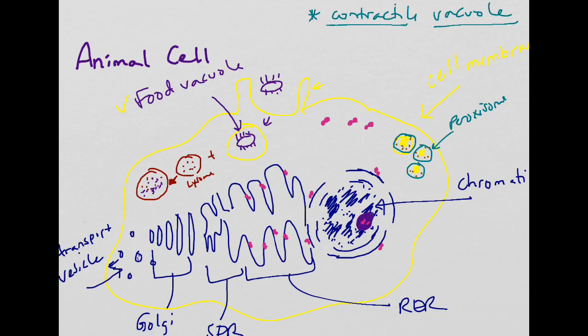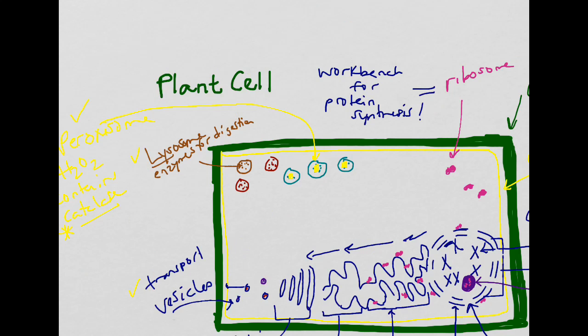It was used to remove extra water that comes into them so that they don't explode. So it's kind of like a sump pump for those critters, freshwater protists and microorganisms. Okay, and then the last big one. This is really the big important vacuole that I should mention, our central vacuole, and this is only going to be found in our plants.